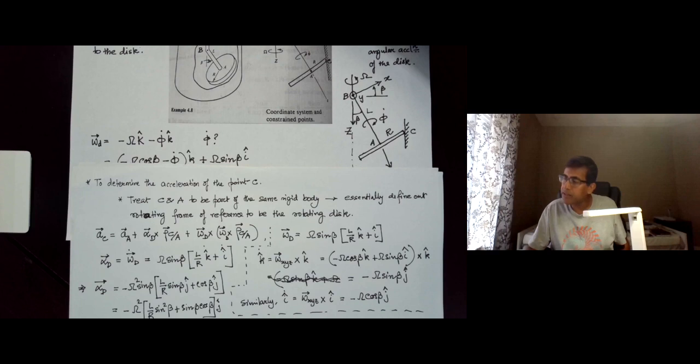Alright, so now it's just a matter of plugging in all the expressions, and in the interest of time I am going to skip the algebra here. Let me just check if my vector algebra was good.